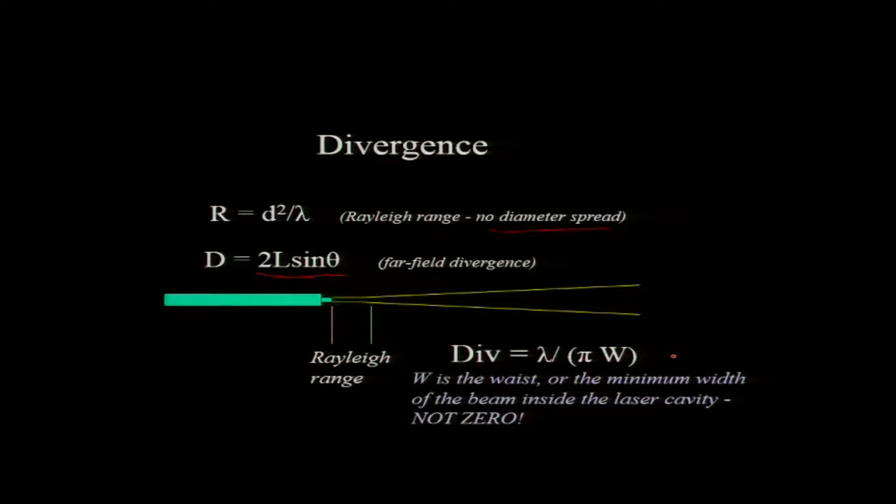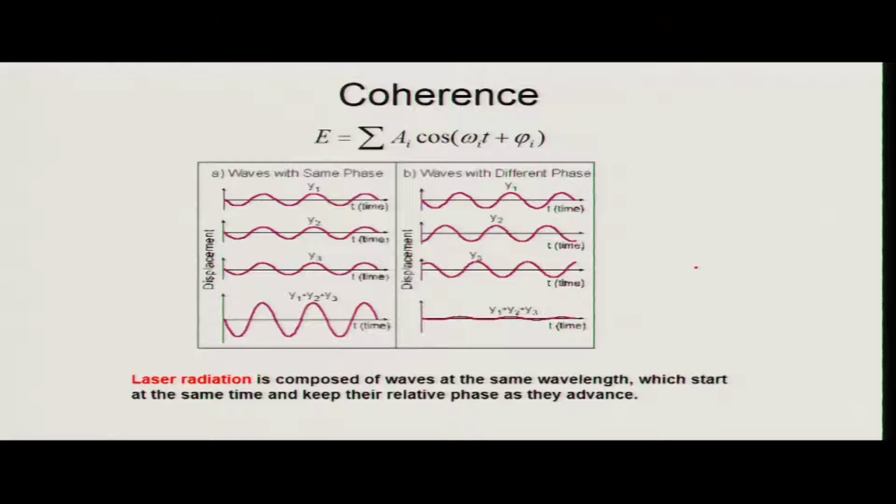Similarly, divergence at the far field is defined in terms of the wavelength over the waist, or the minimum width of the beam inside the laser cavity, which is never going to be 0. That is roughly the divergence stated for a laser, which is very low, showing that this directionality is preserved very well and the intensity availability is very high over a large distance.